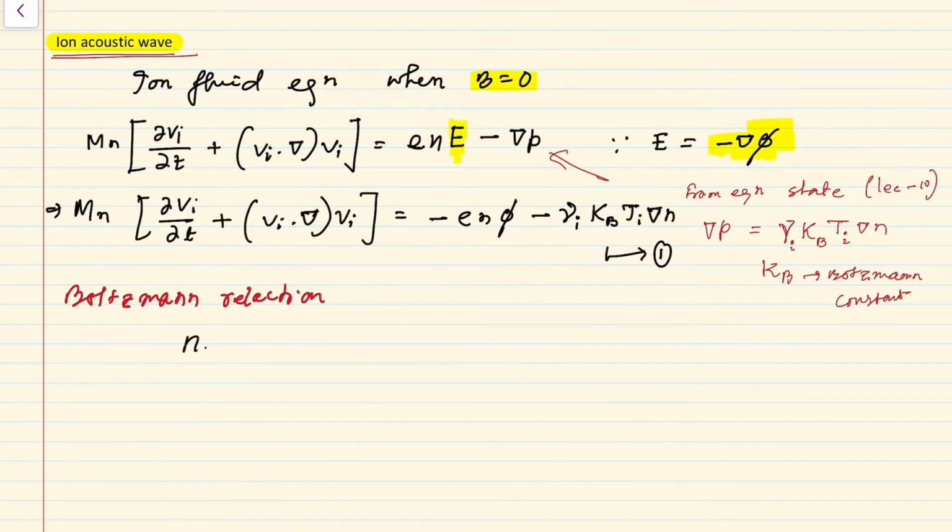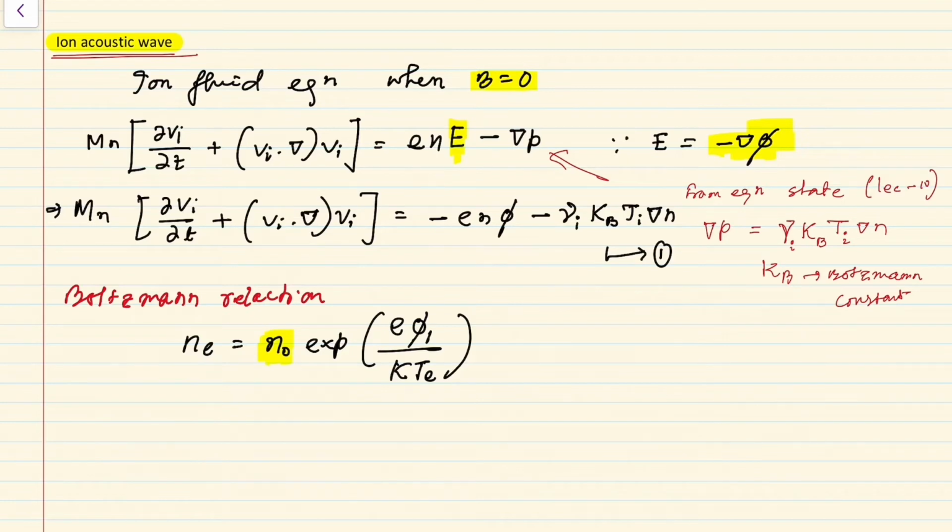That was n_e is equal to n_0 exponential of e phi_1 by K T_e. Here n_0 is the plasma density at equilibrium condition.